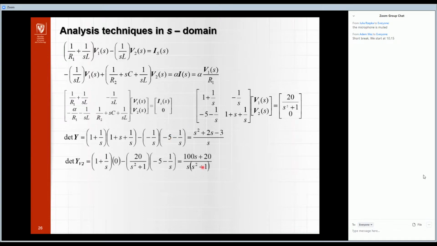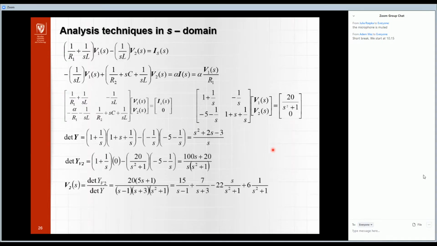From this one, I obtain the determinant connected with the changed matrix. So I have the first determinant and the second determinant, and the value of V2 from Cramer's rule is obtained when I divide this determinant by the main matrix determinant. I obtain V of s.